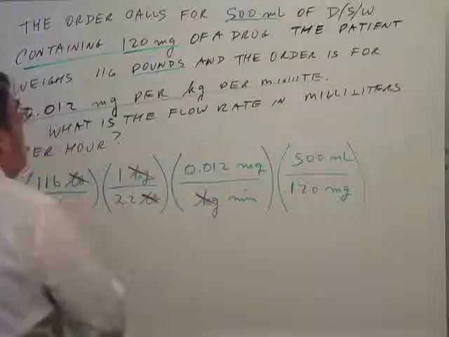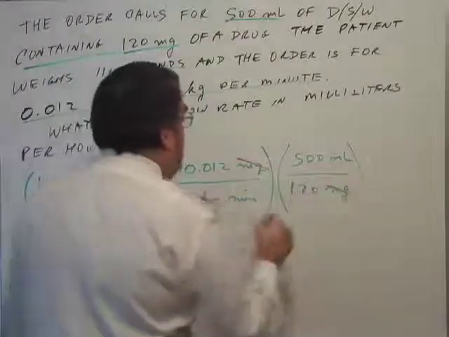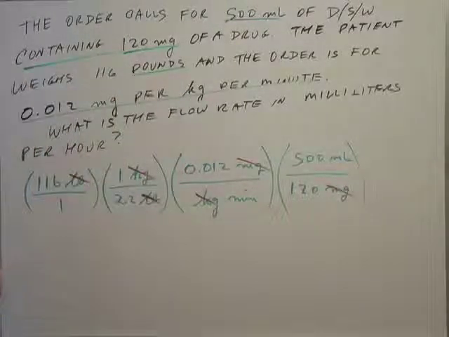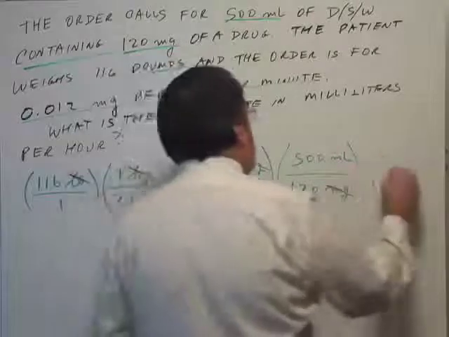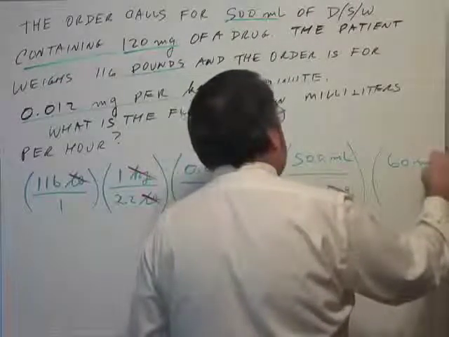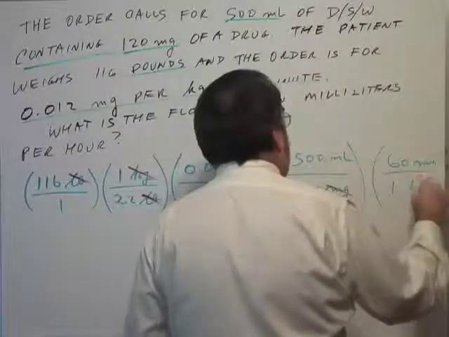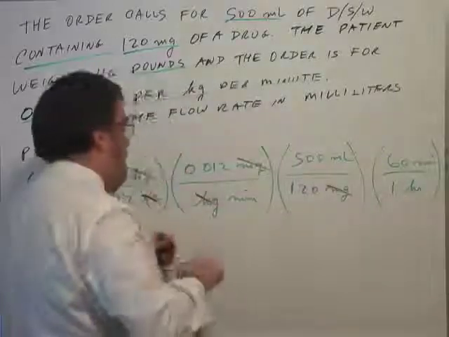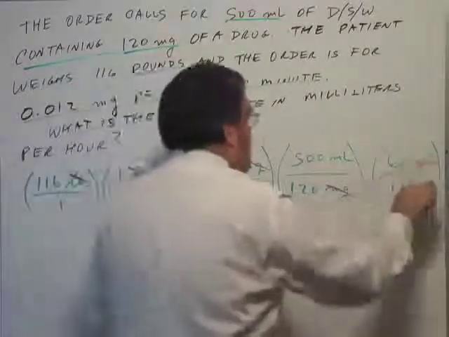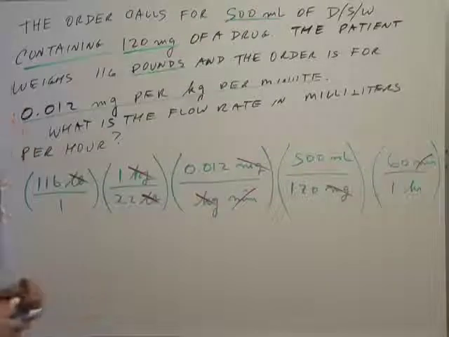That canceled off the milligram units. I have milligrams per minute and I want milligrams per hour, so I just have to bring in the hour units: 60 minutes over 1 hour. And that cancels off minutes. So we have the correct units, milliliters per hour.